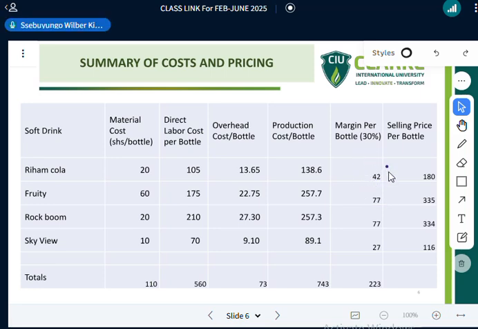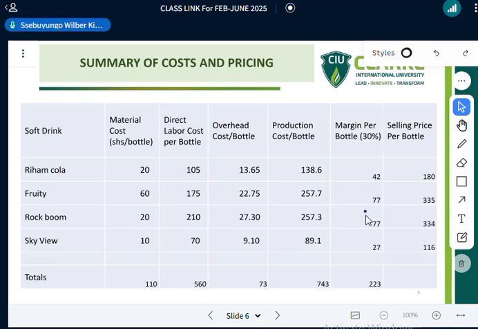This 30% is already given to us in the question. If you look at the question, we are going to add 30% above the production cost. So 30% of 138.6 is 42 shillings.